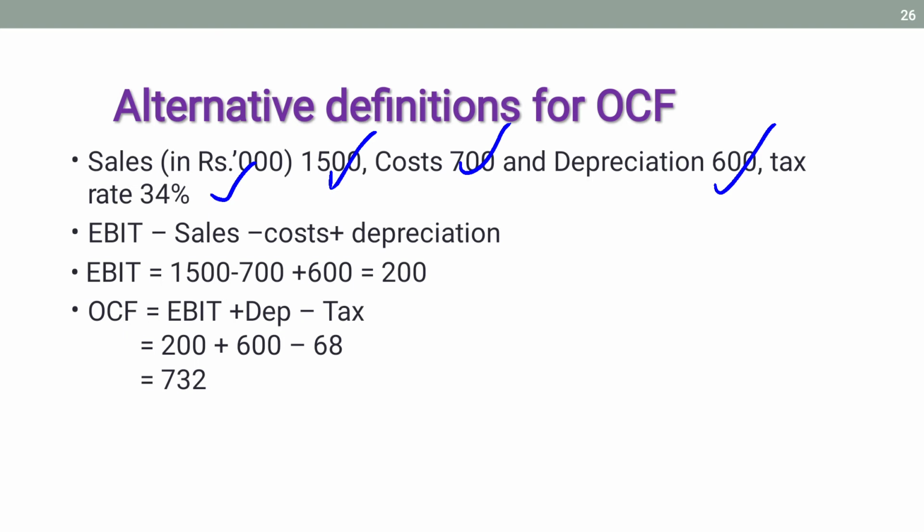Now if you want to find out operating cash flow, how can you find it out? You have the sales minus cost. You have the sales 1500, you deduct cost 700, you deduct the depreciation 600, then you end up with the value of 200.